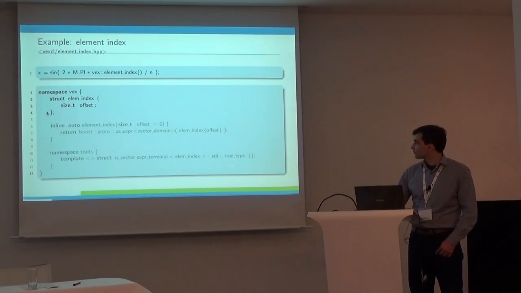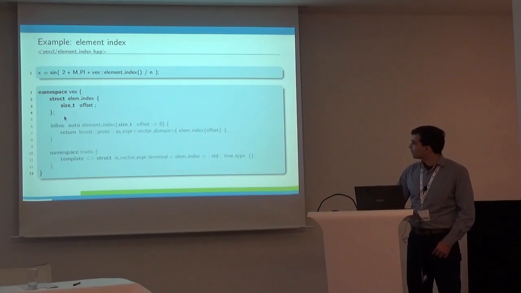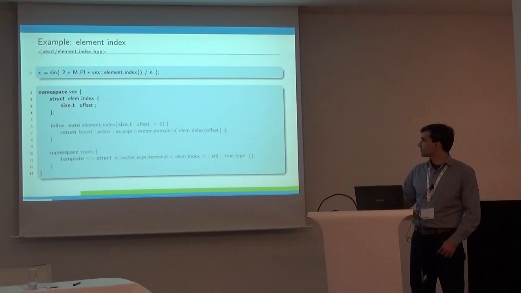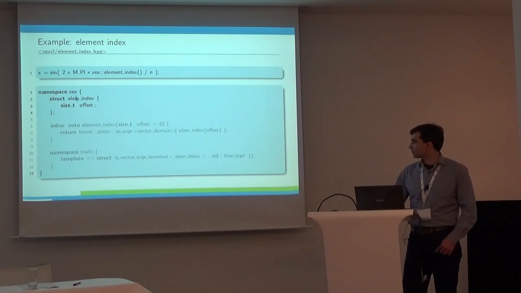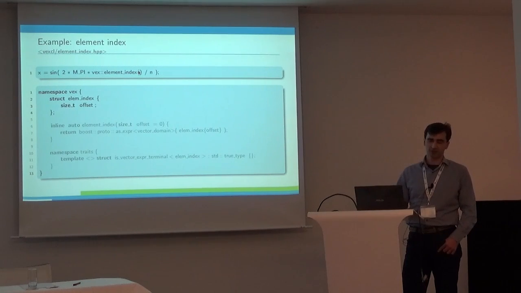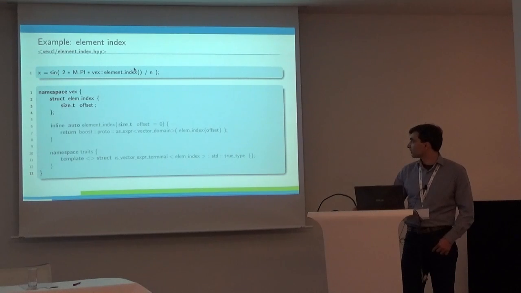So in order to use this terminal inside VexCL, we have to provide this struct element index, which keeps, well, we can provide an offset here so that element indexes do not start with 0, but with some arbitrary offset. And you keep it inside the struct.